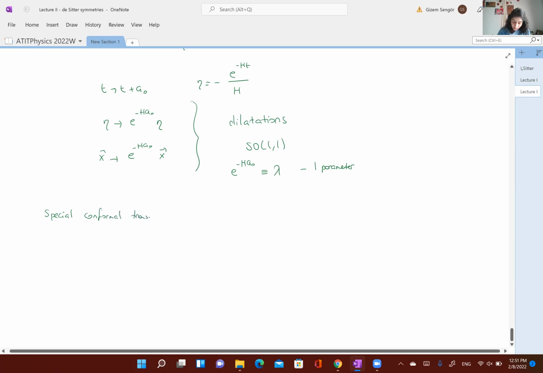These are more involved. And in fact, dilatations and special conformal transformations, like all these transformations we're talking about, you already saw them at work in a different setting at yesterday's lecture. Here we are finding these as the isometries of de Sitter, but yesterday they were part of what was called the conformal group.